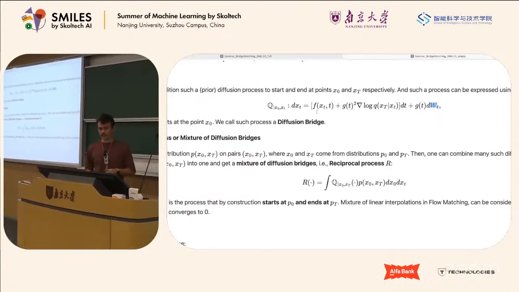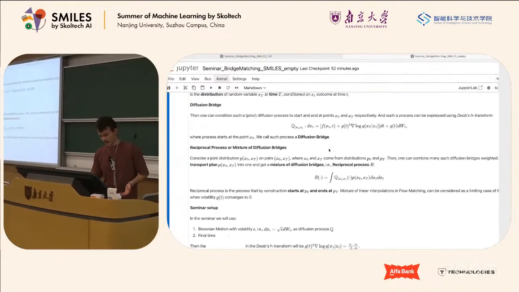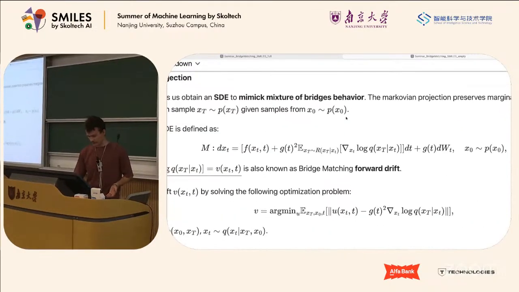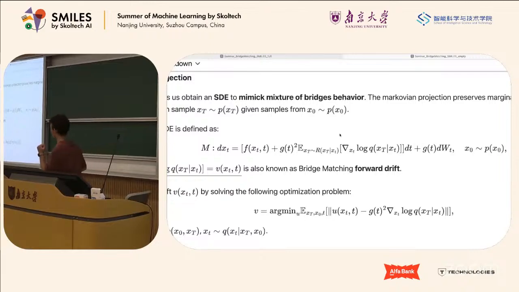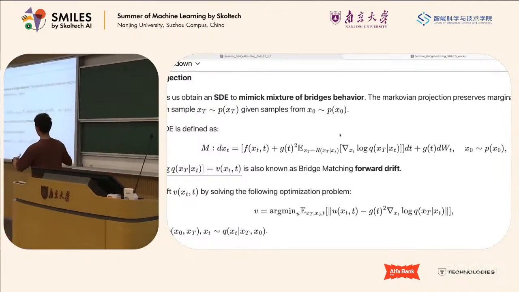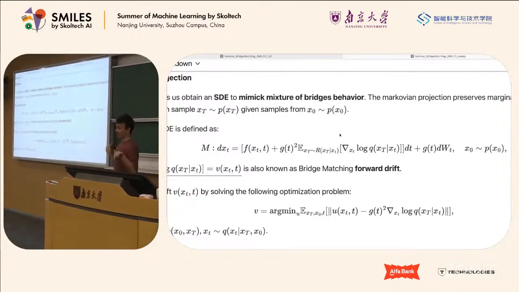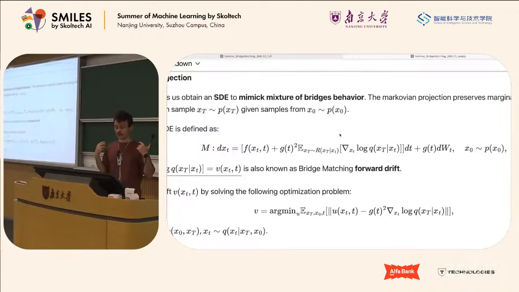We just have to implement the expectation over it. And the final expression would look like this. It is just the same as a diffusion bridge, however we take an expectation. And that's it. However, this expectation is actually intractable.